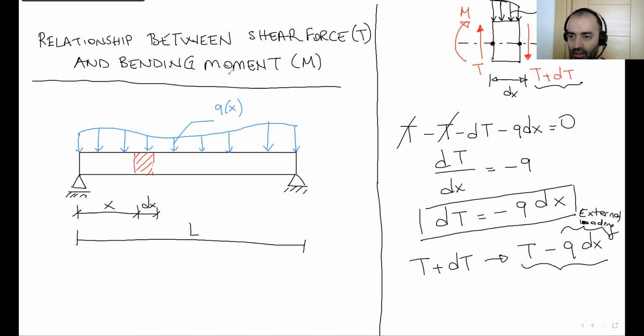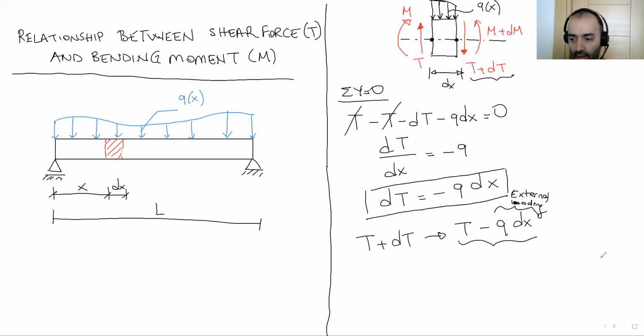By the way, what we did here is write the total Y equals 0. Let's take a look at the next page.